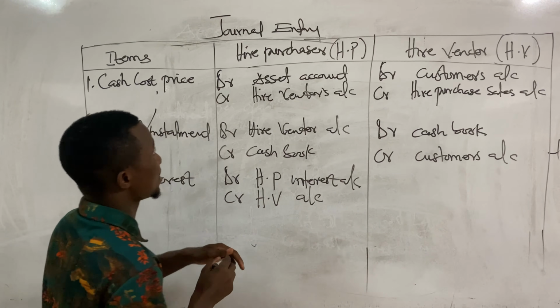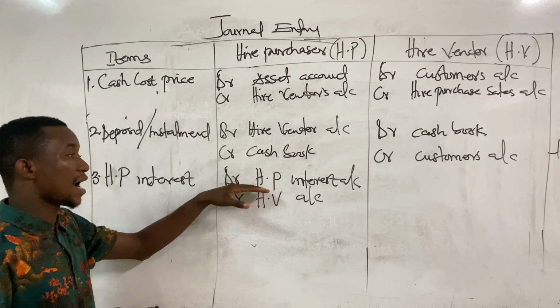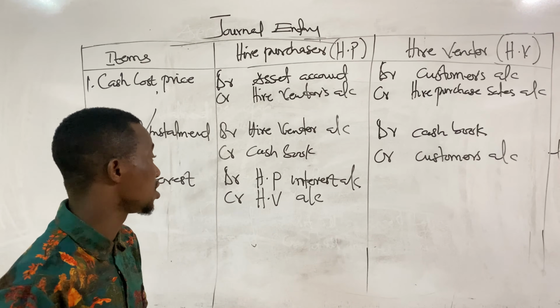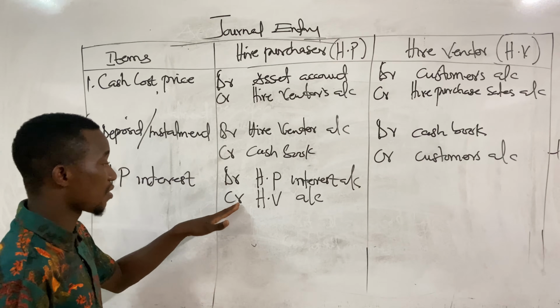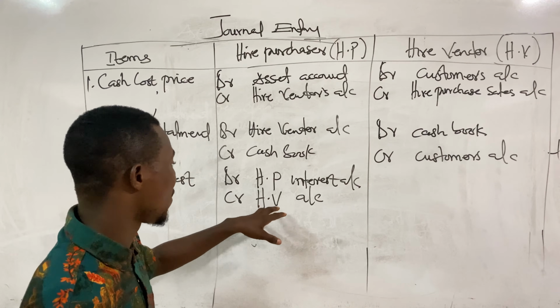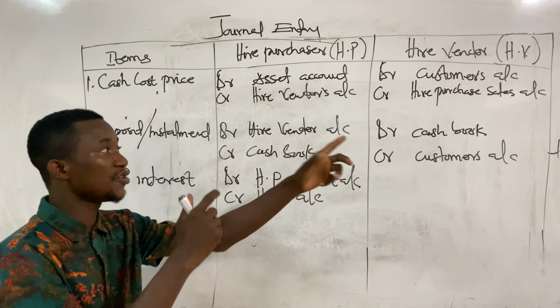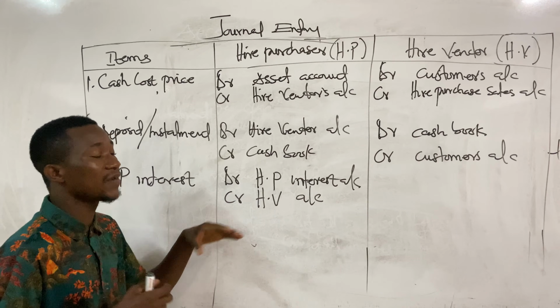That is in the perspective of the hire purchaser. We are debiting the hire purchase interest because the hire purchase interest is an expense, so it will be debited. And we are crediting the hire vendor's account because the hire vendor will receive the interest as an income. So we credit the hire vendor's account.